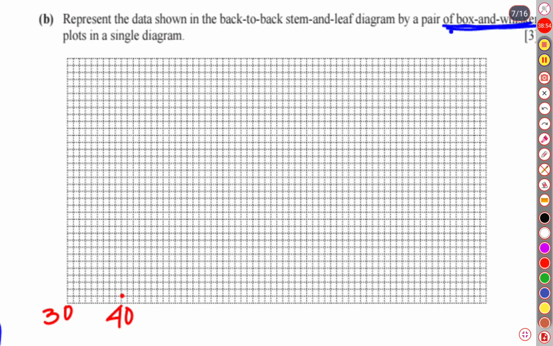1, 2, 3, 4, 5, 6, 7, 8, 9, 10. This will be 50. After that there will be 60. So 1, 2, 3, 4, 5.